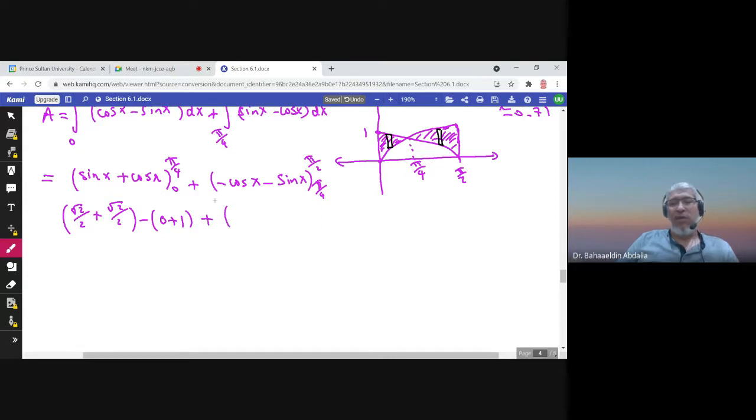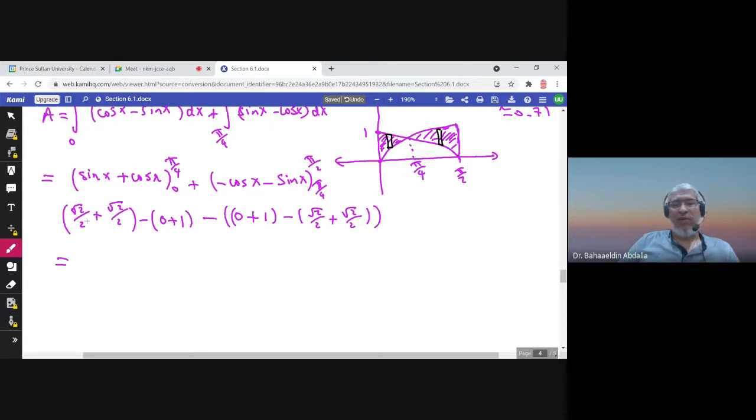Here, I can take the negative sign out if I like, because I have negative negative. So I'll have cosine x, cosine pi over 2 is 0, plus sine pi over 2, which is 1, minus cosine pi over 4, which is square root of 2 over 2, plus sine pi over 4, which is square root of 2 over 2.